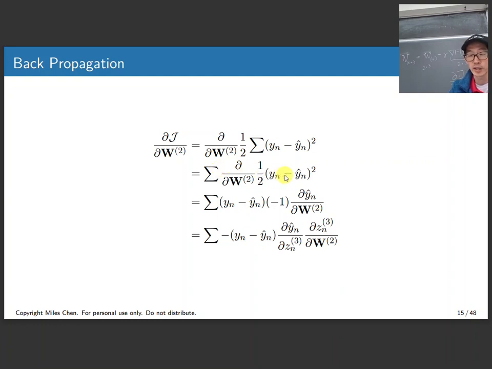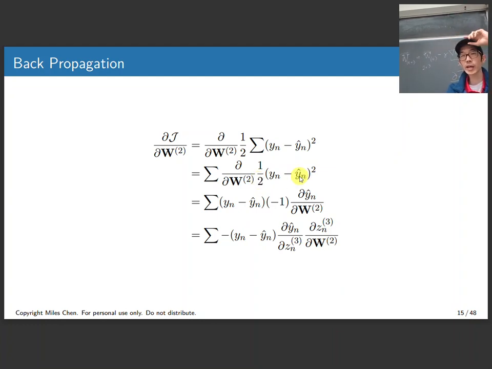Just applying vector calculus rules, we ask how this changes. Well, the yn are our observed values. These are constants with respect to W2. They do not change because we observe them from our data collection. Changing our weight terms is not going to have any effect on the observed data, so there's nothing to worry about there.